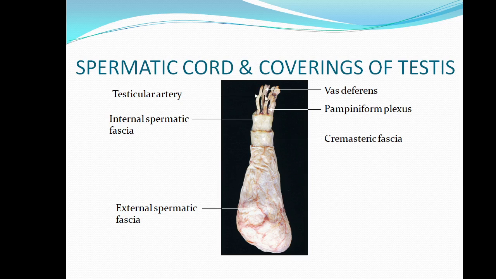And here you can see the structures present in the spermatic cord: the vas deferens, then the testicular artery, then the artery of the vas deferens, and the pampiniform plexus of veins.